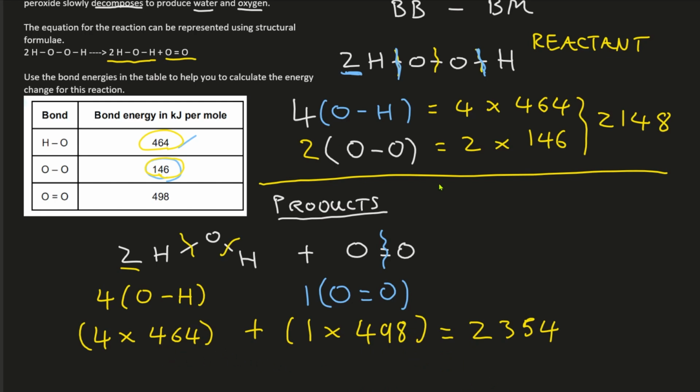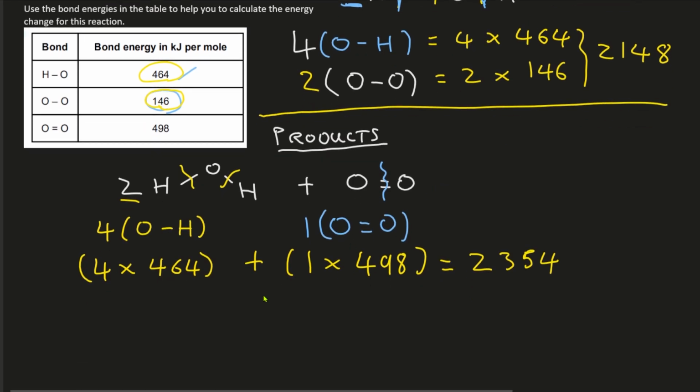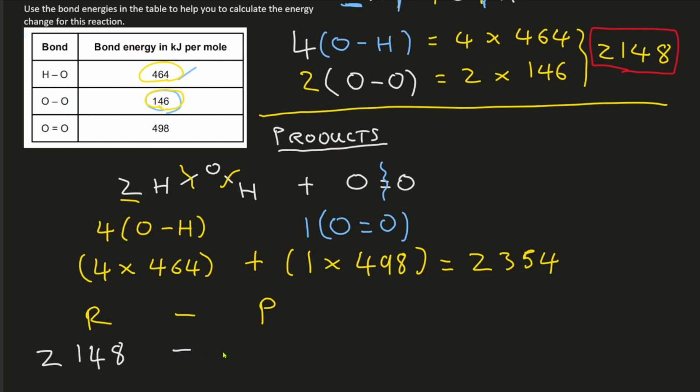So now the last thing you do is say, okay, we've got our bond making and our bond breaking calculations. Remember, it's reactants take away products. So our reactants, I'll just put it in a square, is 2148. And we're going to take that away from our products, and our product answer is 2354.